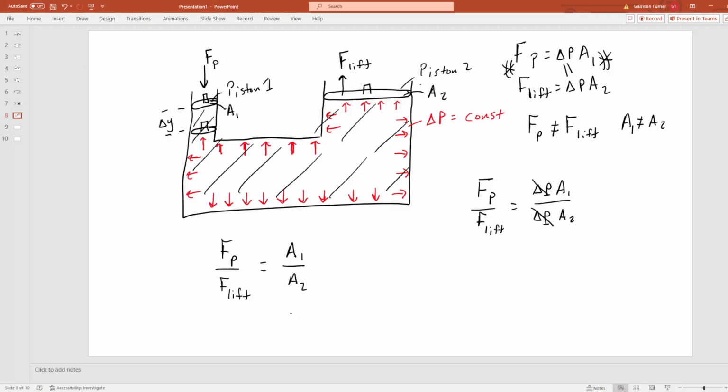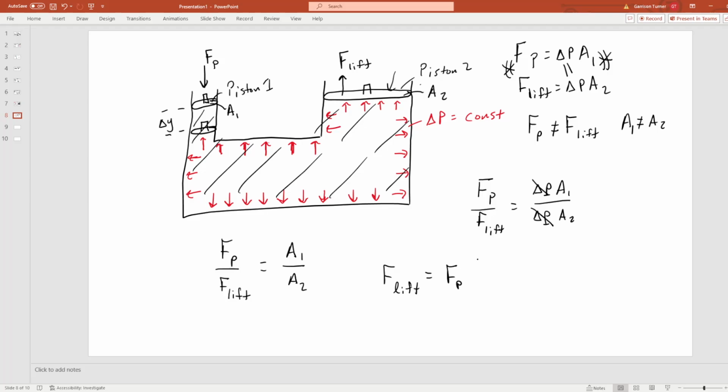So if I want to lift something with this piston, I can calculate what force is necessary by solving this ratio. Cross multiply and do your division.